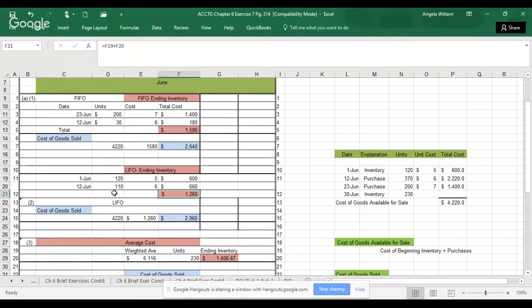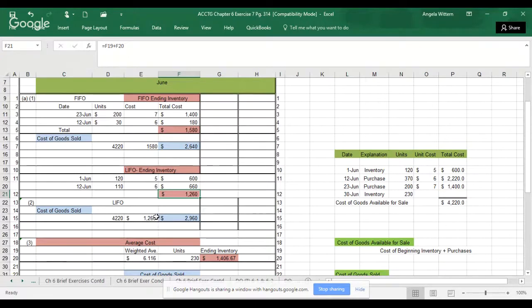To total our ending inventory at 230, we additionally add 110 units at $6, totaling $660. So our ending inventory under last in, first out is $1,260.